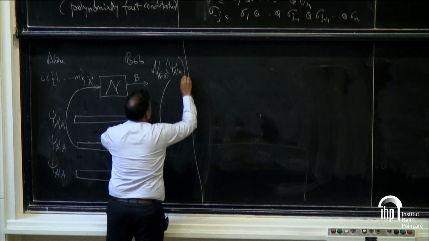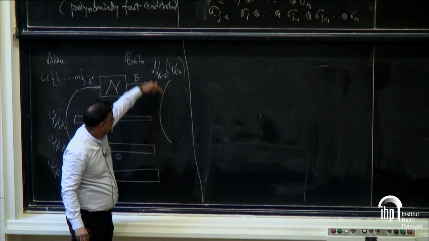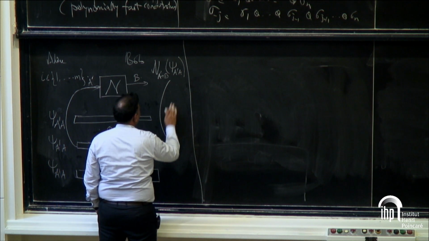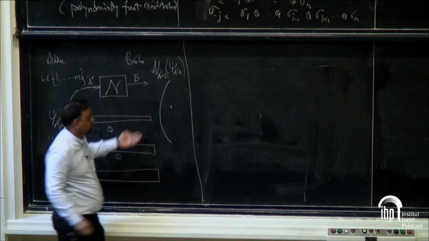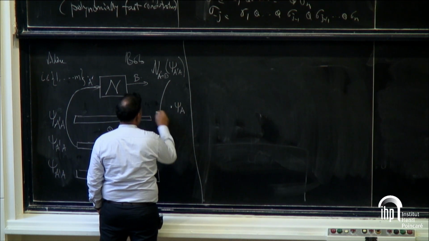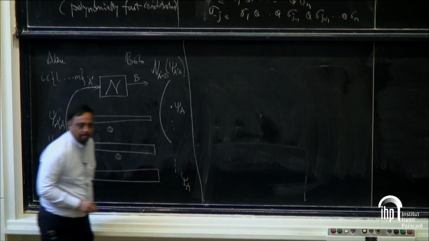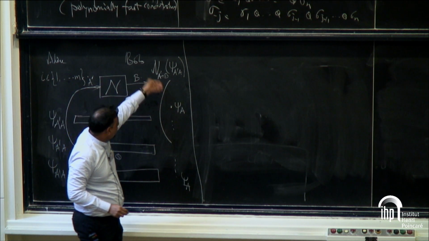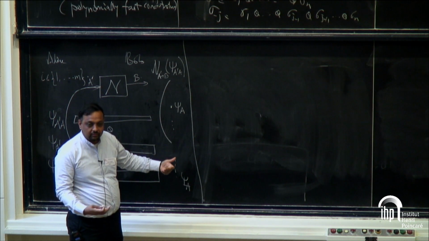So that's your state in the ith place, and everywhere else, all you have is this local copy of A sitting there, right? So that's just psi A. Okay? So now what Bob has to do is figure out I from such a convex mixture, right?